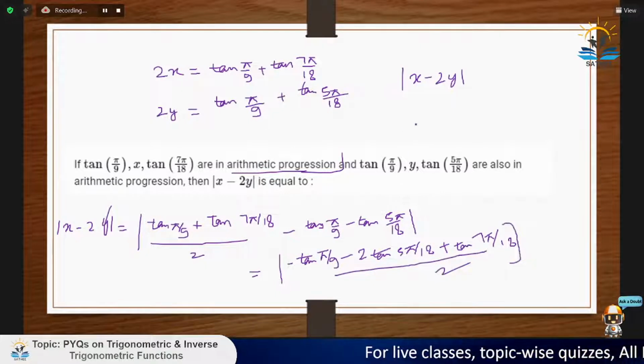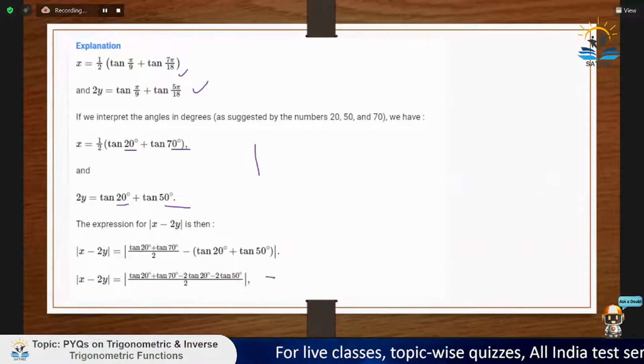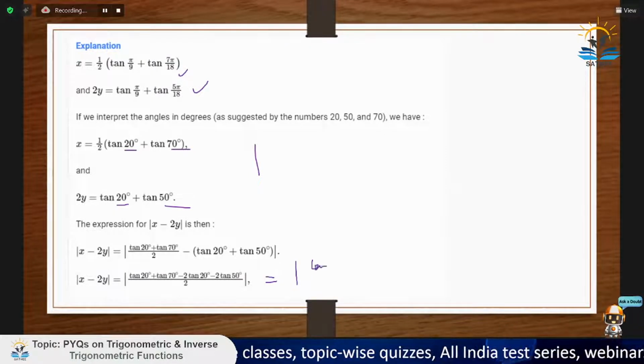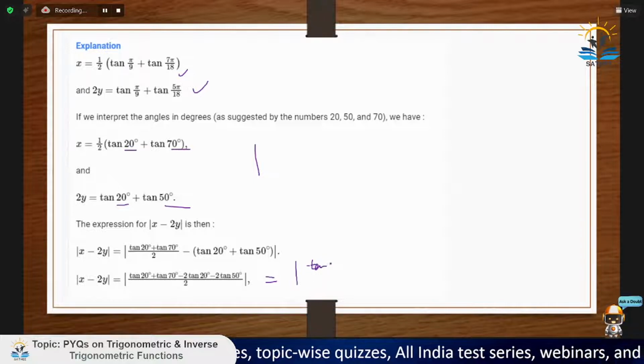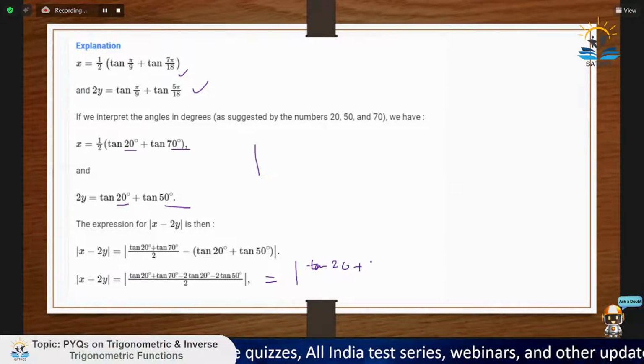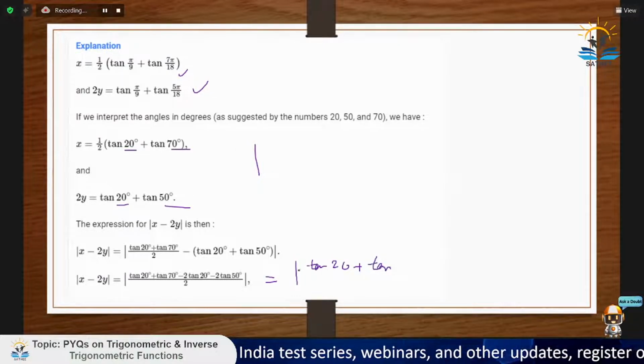Tan pi by 9 is tan 20. So tan 20 minus, you will get tan 20 with a negative sign of course, plus tan 70. Now a very nice formula will be applied here.